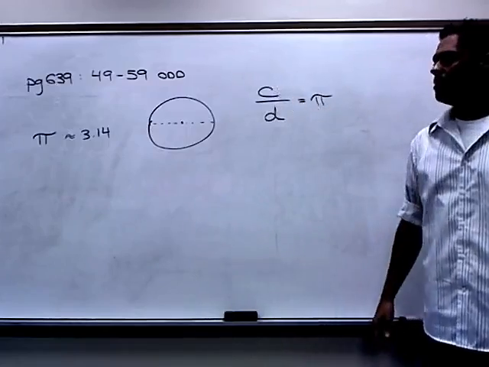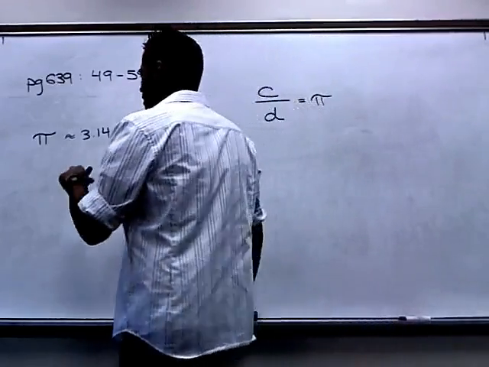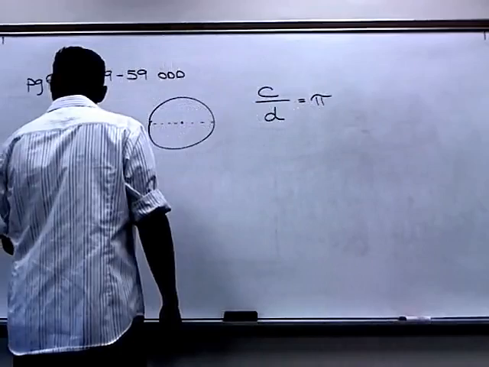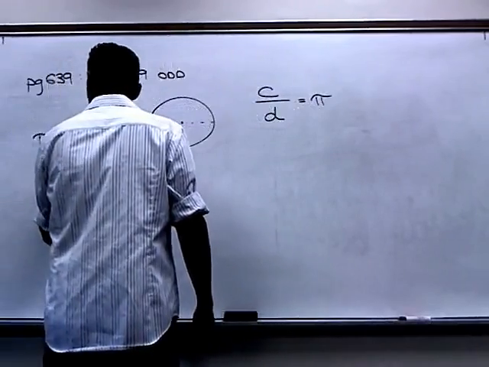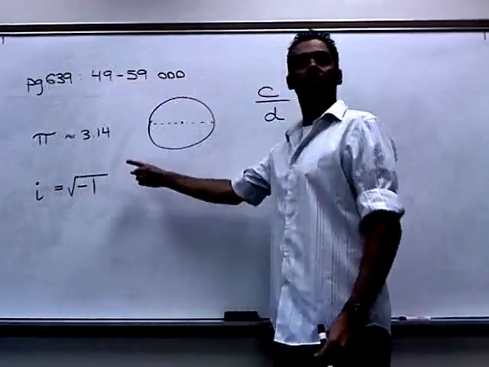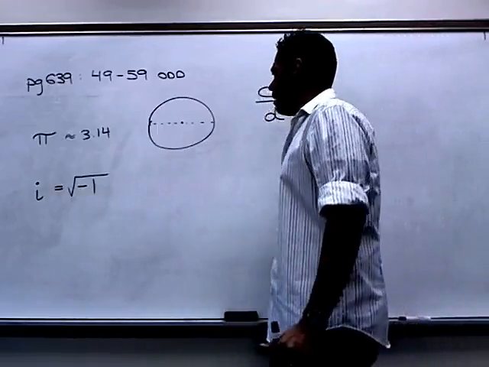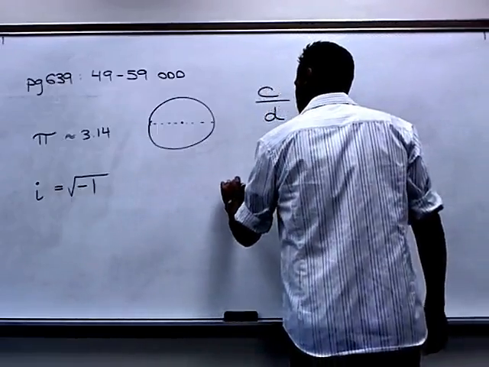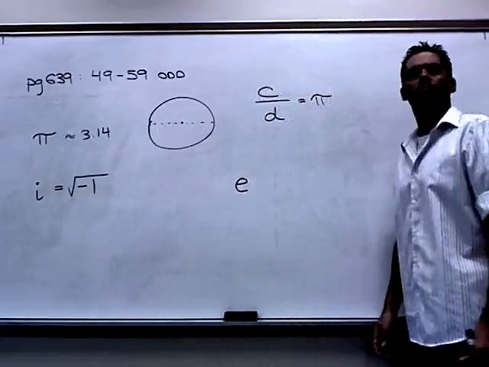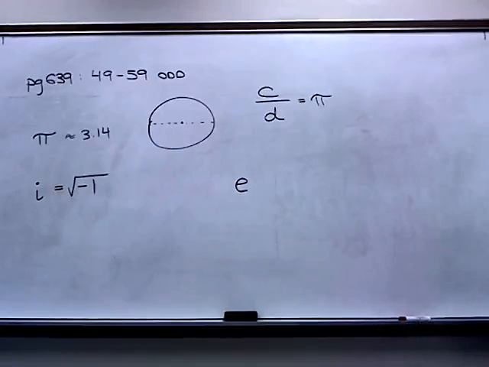We just learned this number i, which by definition is the square root of -1. How many of you have seen the number e? No one has ever seen e before? In chemistry?